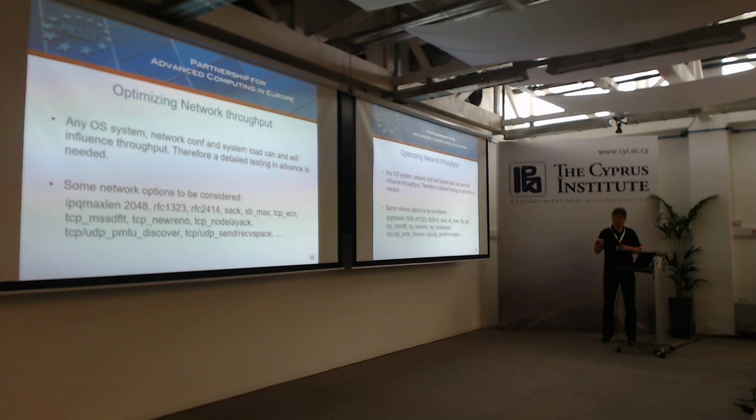And TCP message default, TCP New Reno, so that you use a newer TCP stack, TCP no delay acknowledgement, and UDP path MTU discovery should be used, and TCP and UDP send and receive space should be set accordingly.